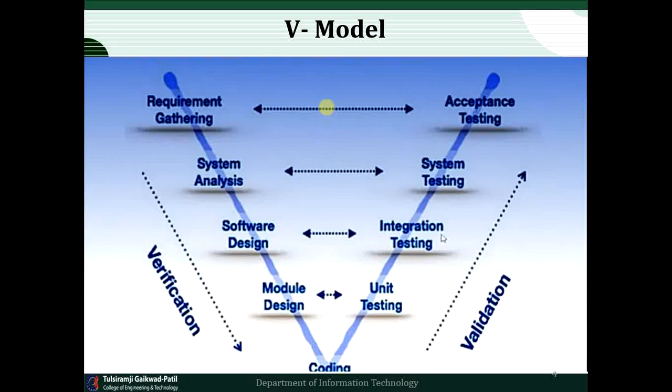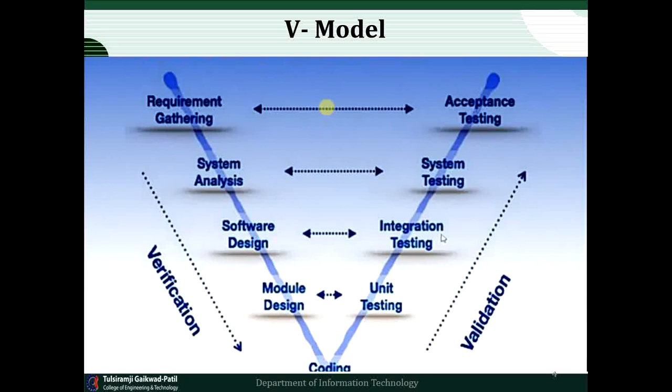Here you can see the requirement gathering phase and the acceptance testing phase. First, at the initial stage, we have to identify the requirements to design any particular software. What are the different types of requirements?